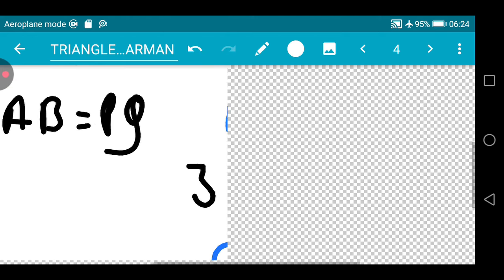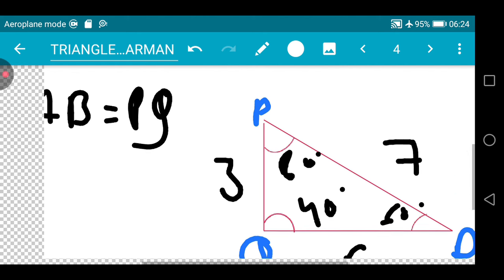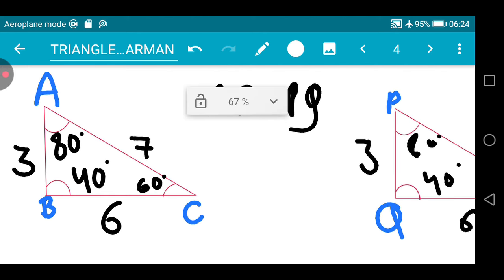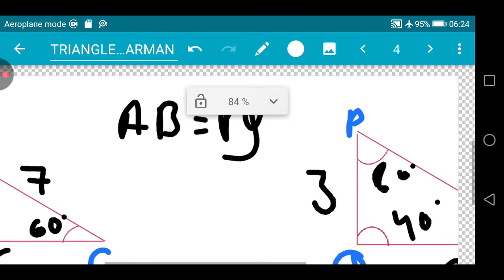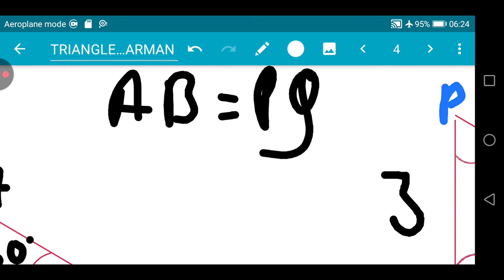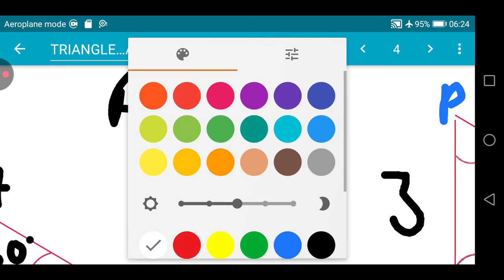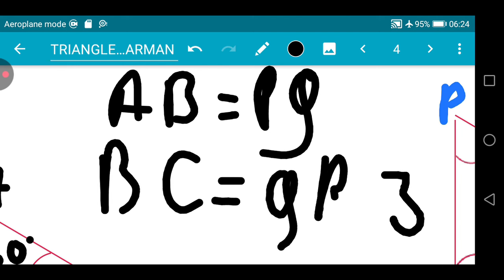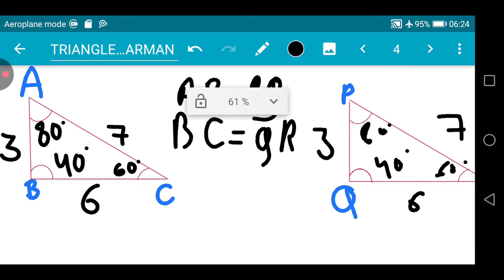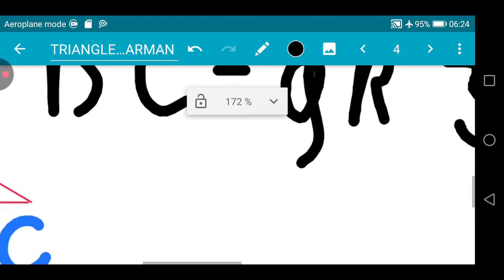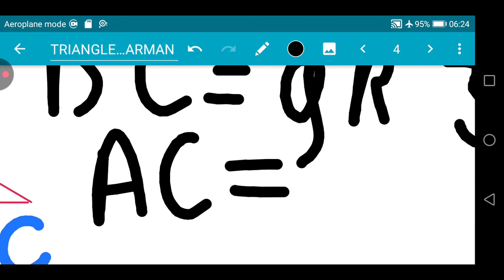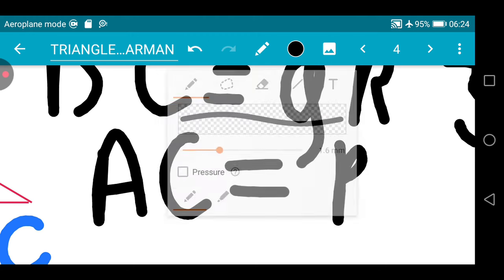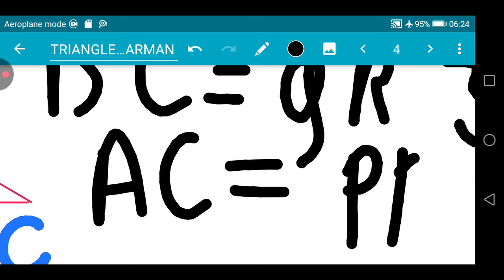Angle A is 80 and angle P is also 80. First we are moving to sides only. BC will be equal to QR, both are 6. AC will be equal to PR.